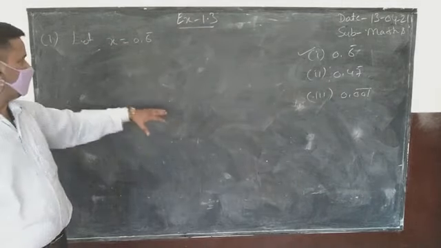Again we write here, multiply by 10 in equation second. You write it in equation first. Then multiply by 10 in equation second, of equation first what has been completed.